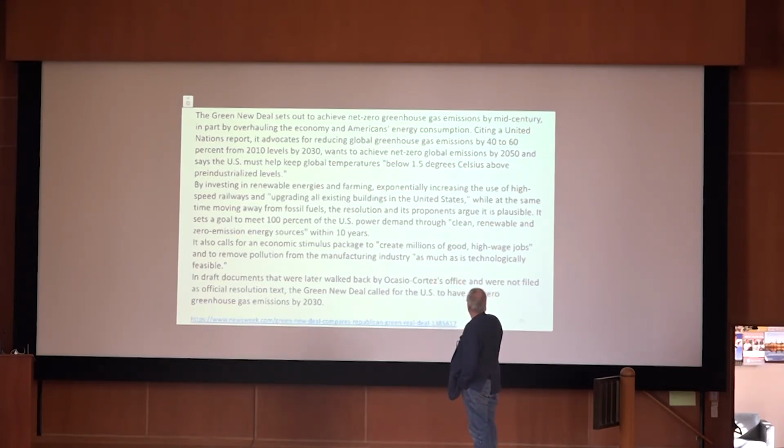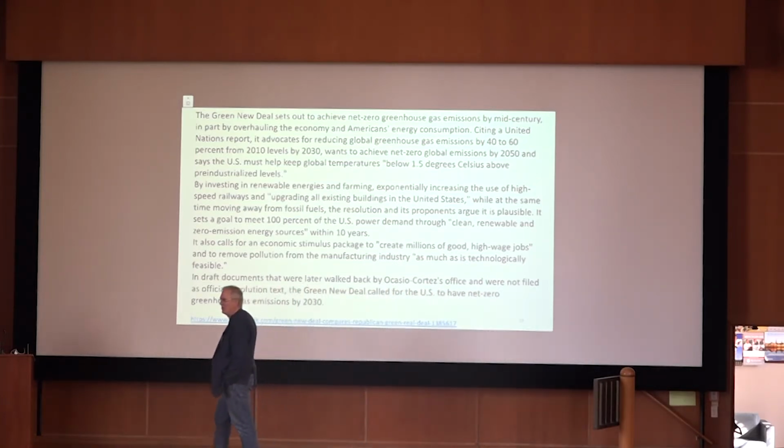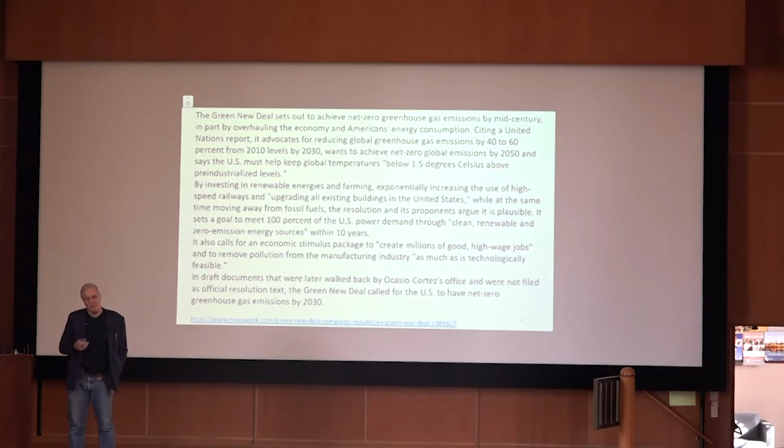Turns out that Ocasio-Cortez's office had on her website a net zero by 2030 rule when they first announced this, but it wasn't part of the Green New Deal, it had been negotiated away. That was like an error, and it was removed within a day, but it's stuck as a meme within people's minds.